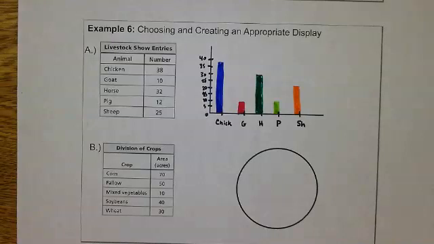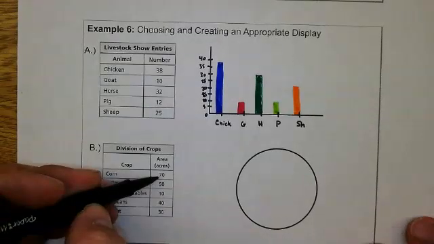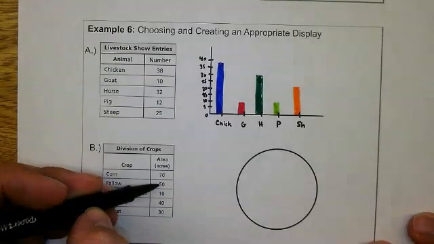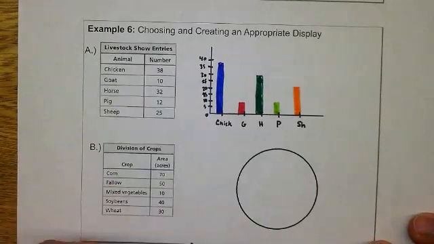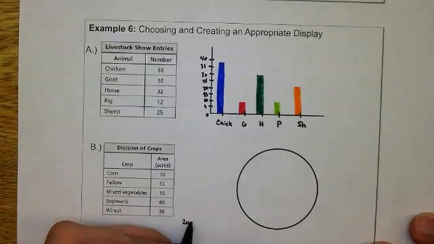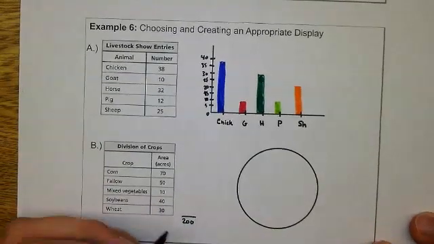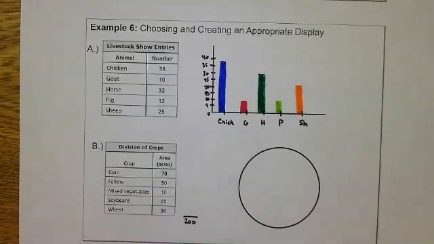When I'm talking about making a circle graph, so the division of crops, and now we're talking about total area. So here we have to find out, so this is 120, 160, so 200. So we have 200 total. So that's my 100%. So I have to take and divide out each one by 200 to find the percentage.